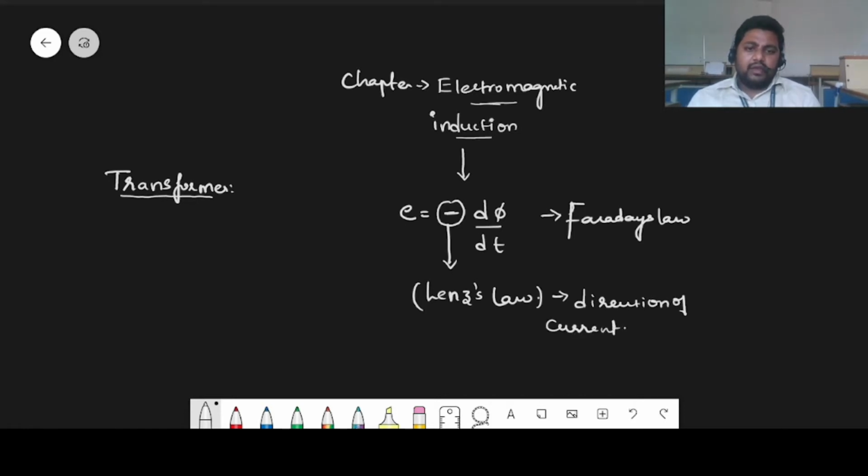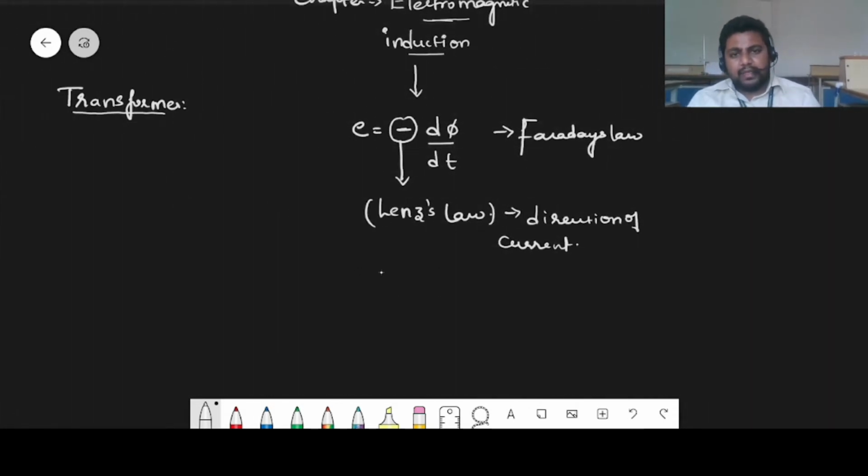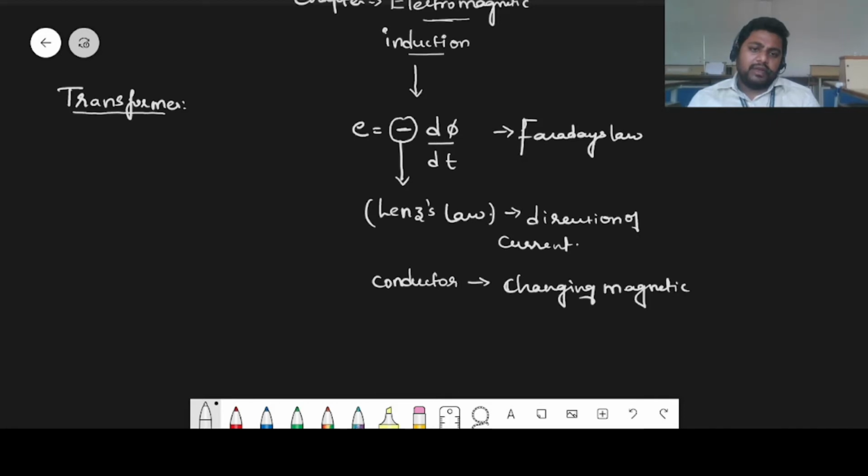Basically, Faraday's law states that if a conductor is kept in a changing magnetic field, an induced EMF will be developed.